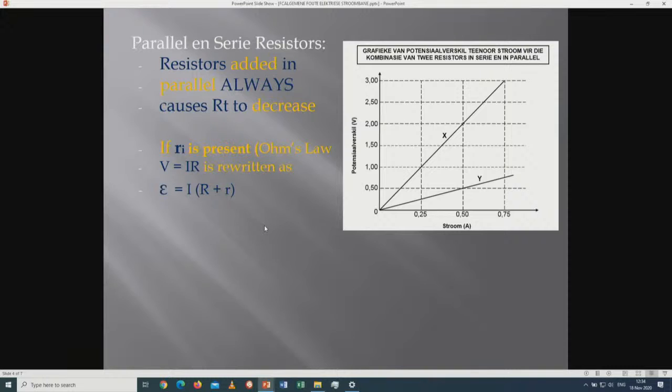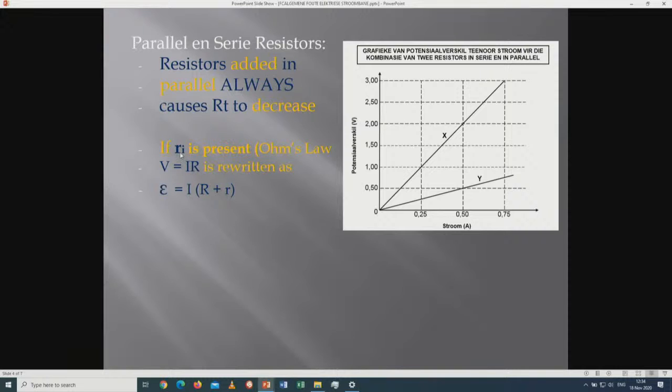Now, internal resistance. I think the chance of you not getting a circuit diagram with internal resistance is very slim. So your circuit diagram will certainly include internal resistance Ri. Now, Ohm's law: instead of R equals V over I, you can rewrite it as V equals IR.